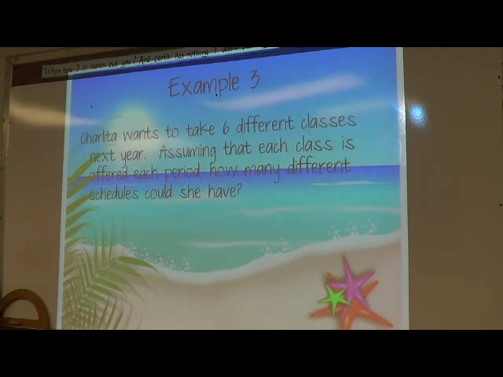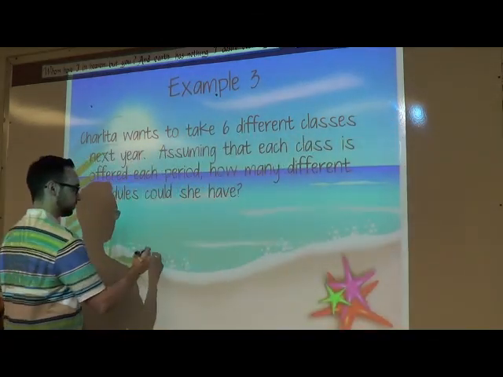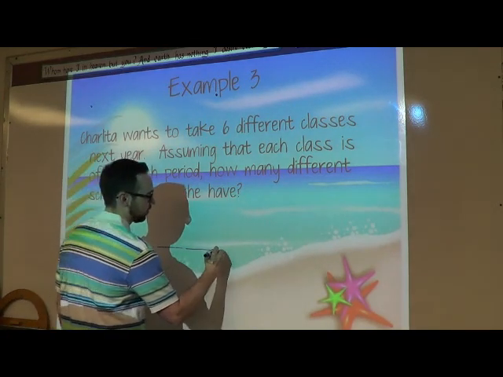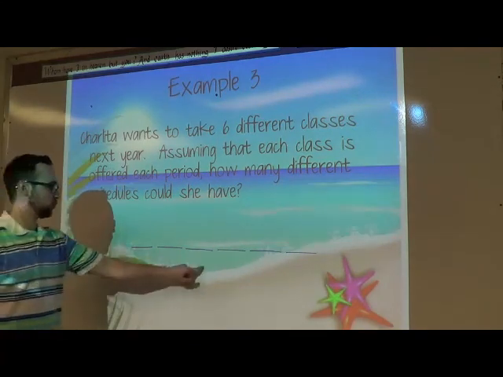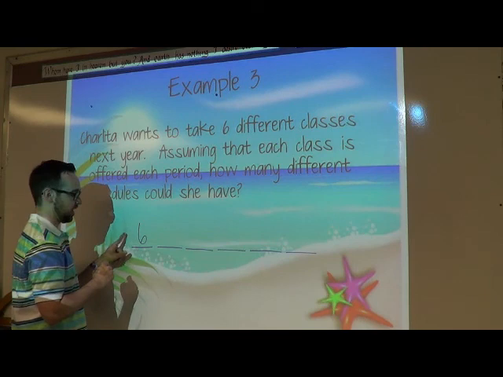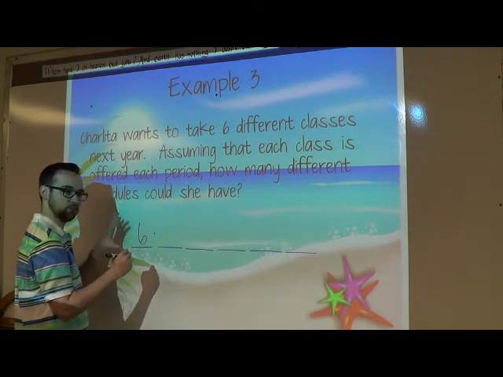Charlita wants to take 6 different classes next year. Assuming that each class is offered each period, how many different schedules could she have? Looking at this, we have 6 different periods, 1, 2, 3, 4, 5, 6. There are 6 different classes she could take in the first. However, for the next one, there's one less class because she's filled one of them.